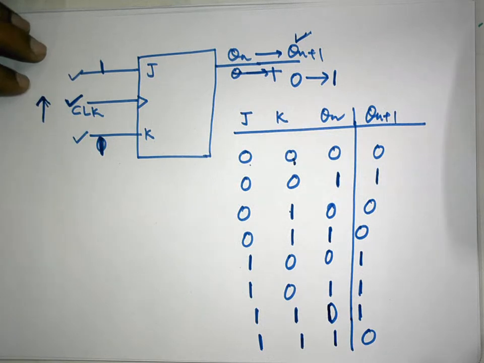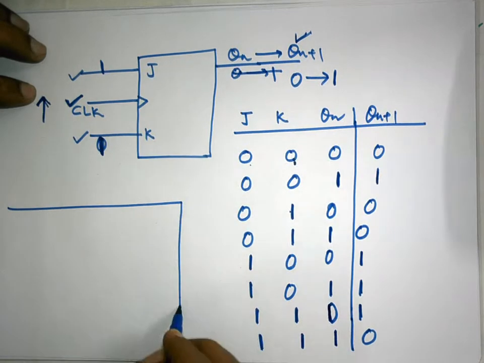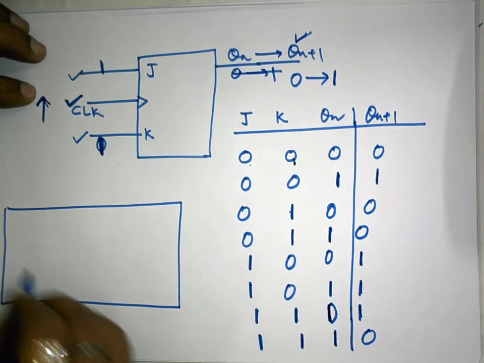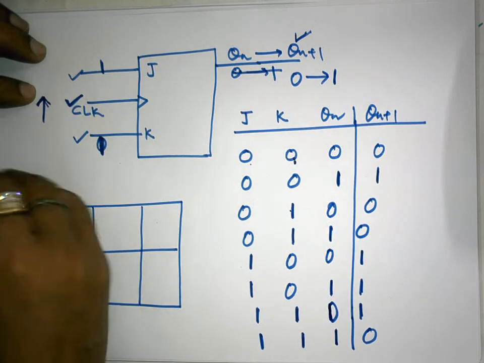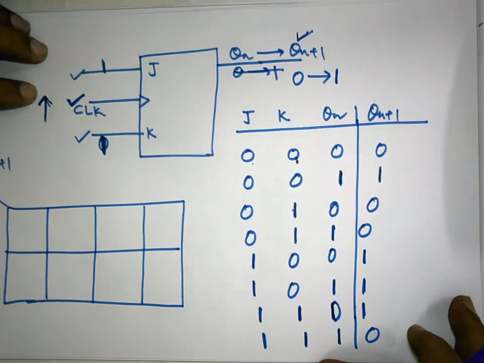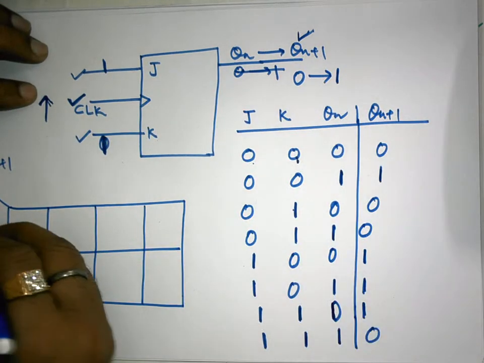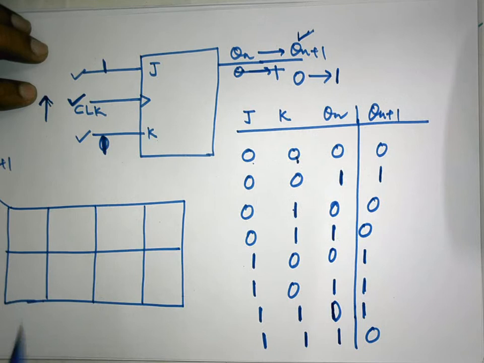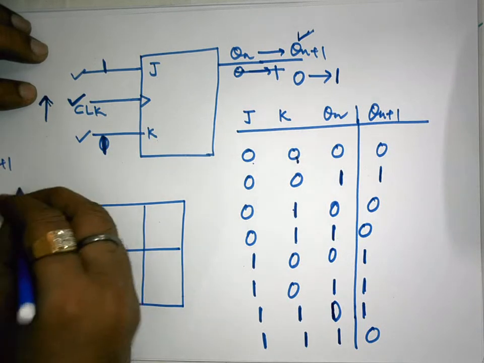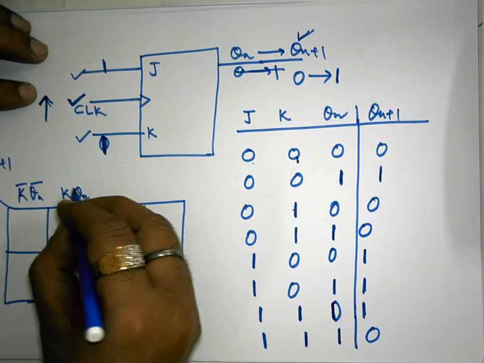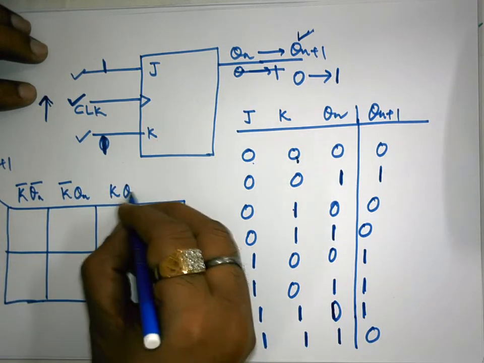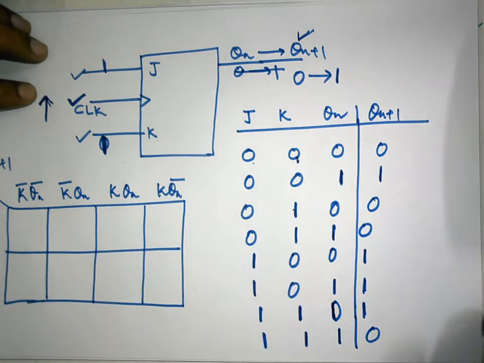Now naturally this is a 3 input 1 output situation. We can make a K map corresponding to this. How can we make this K map? For Qn plus 1, better to take J bar and J over here, and K bar Qn bar, K bar Qn, K Qn and K Qn bar.